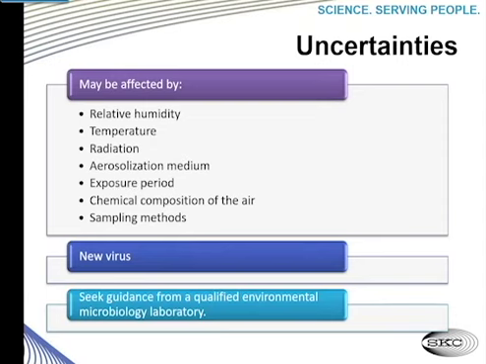Okay, before we go into the research work, it is important to highlight that sampling for viruses is not an easy task due to different factors. This includes relative humidity, temperature, radiation, aerosolization medium, exposure period, chemical composition of the air, and sampling methods.